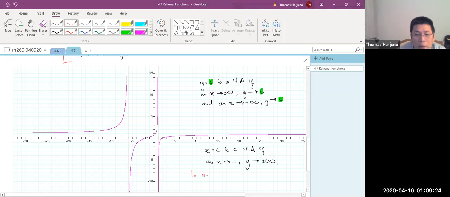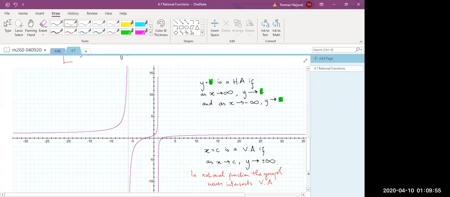In a rational function, the graph never intersects vertical asymptote. It may intersect horizontal asymptote, but never intersects vertical asymptotes.